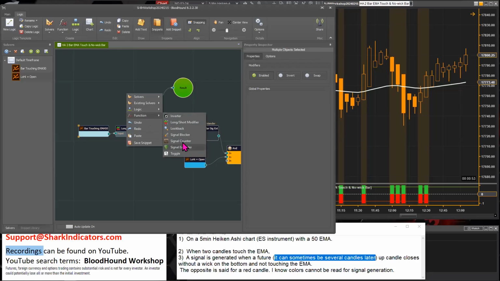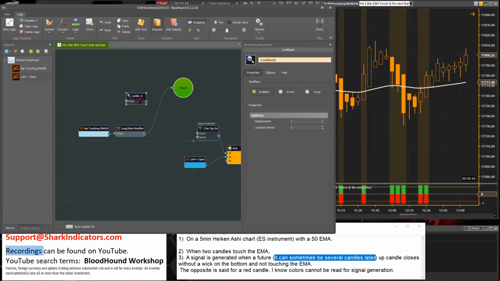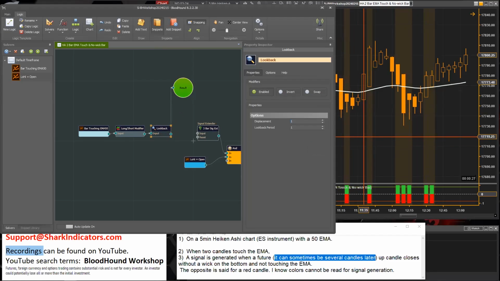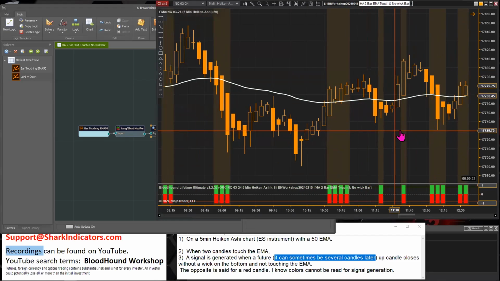We could use a signal counter, but that's kind of overkill here. This is simple, so let's just use the lookback node. That's a lot easier to set up. And the lookback gives us another functionality that we need, which is this displacement function. With the lookback, I'll set the displacement to 0 for now.